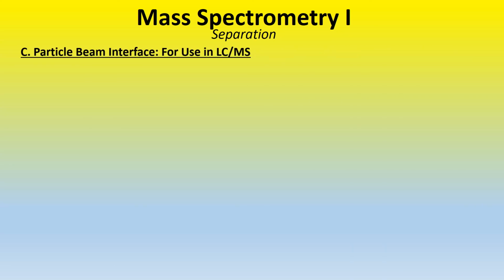The second separation technique, called particle beam interface, is used with liquid chromatography attached to a mass spec. In liquid chromatography, LC, formerly HPLC, high pressure liquid chromatography, you are dealing with solutes that are either very large or very unstable, either way not suitable for evaporation.